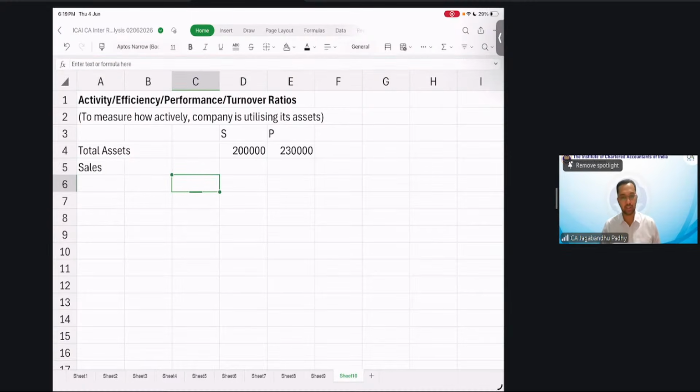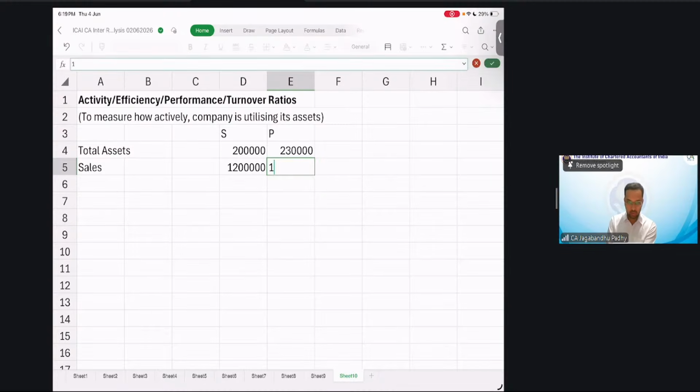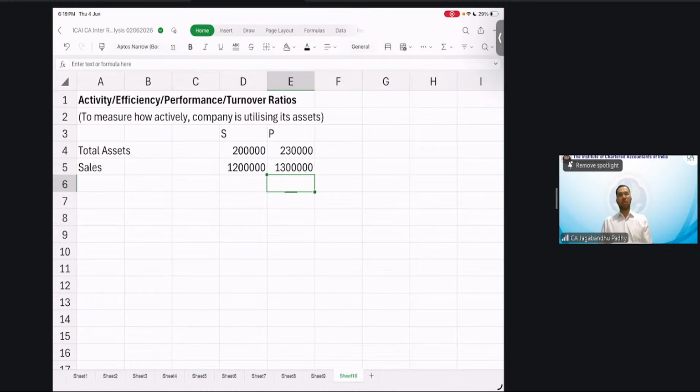And let's say the sales generated by company S is 12 lakh, and the sales generated by company P is, let's say, 13 lakhs. Now, can you tell me which of these 2 companies is utilizing its assets more actively?